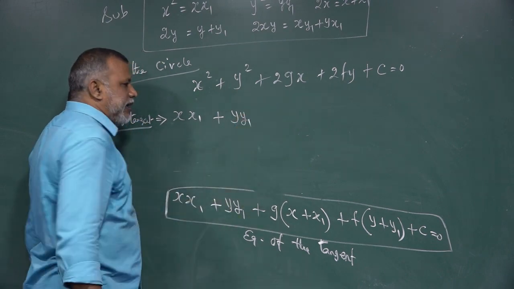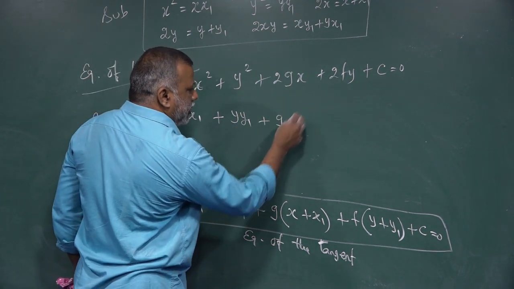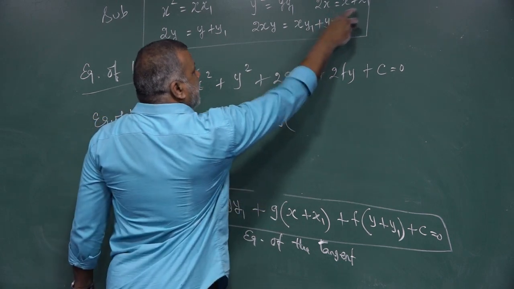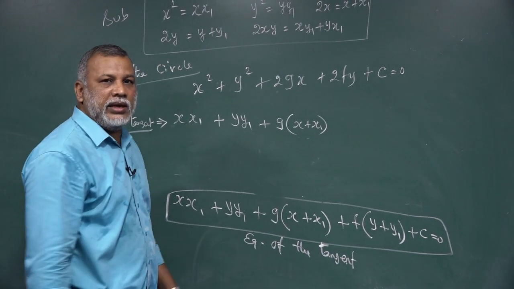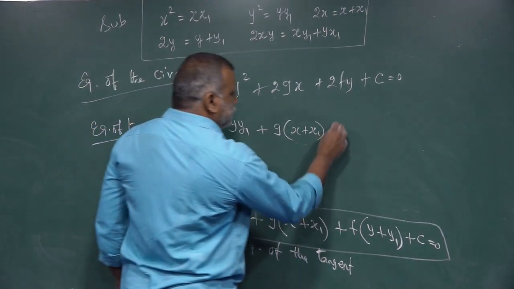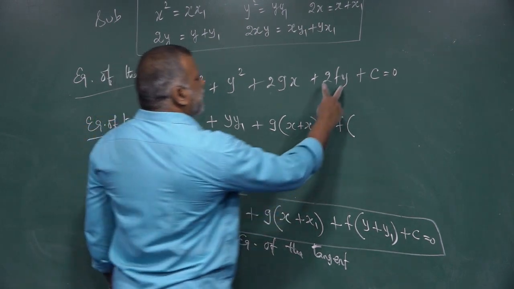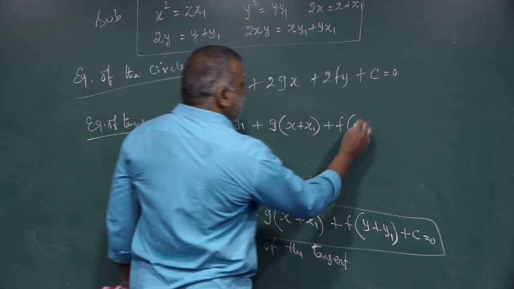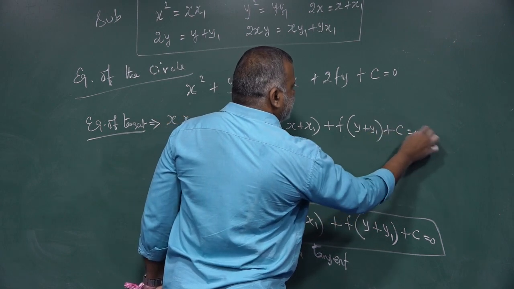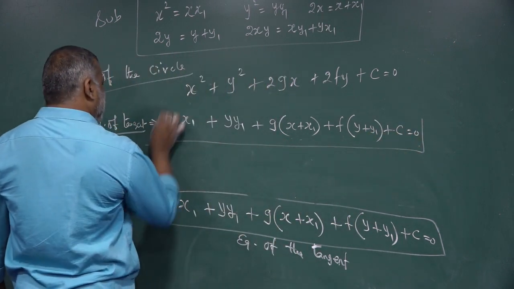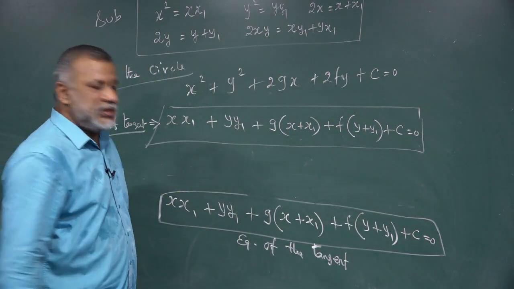Keep g as common: 2x is replaced by x plus x1. Then keep f as common: 2y is replaced by y plus y1. Then c is a constant. This is also the equation of the tangent.